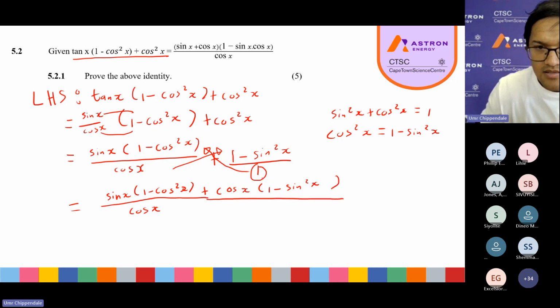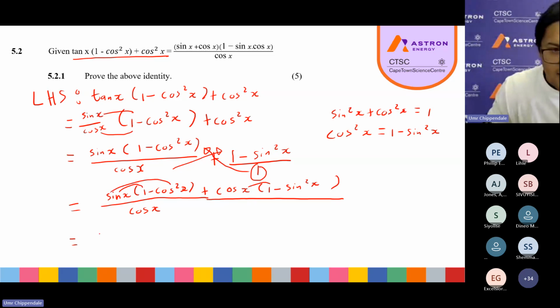So we're going to multiply this in here as well. If we multiply this in, that is sine x minus sine x times cos squared x.